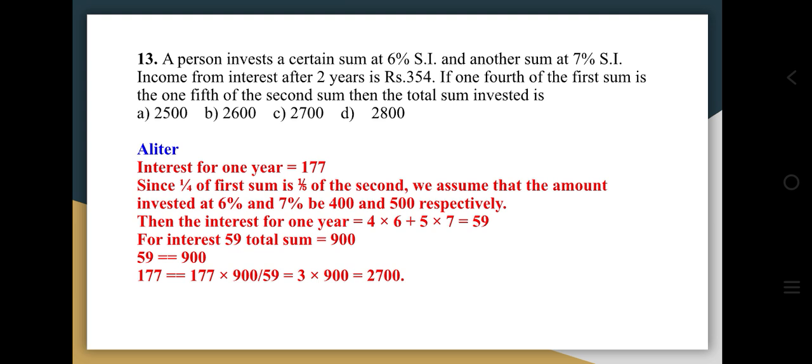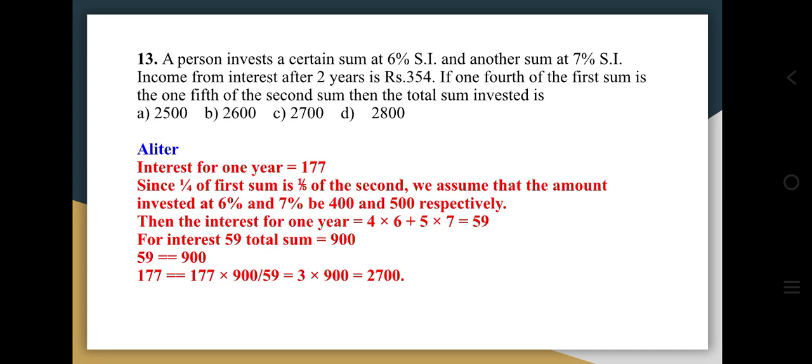So for simplicity, we assume 400 invested at 6% and 500 invested at 7%. Then what is the interest for 1 year? For 100, the interest is 6. For 400, it is 4 into 6. At 7% for 500, it is 5 into 7. So the total interest for 1 year is 4 into 6 plus 5 into 7.